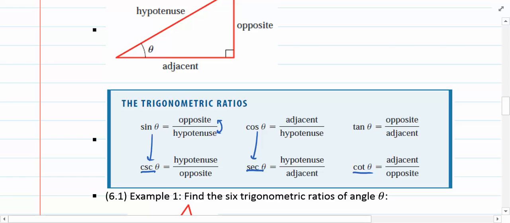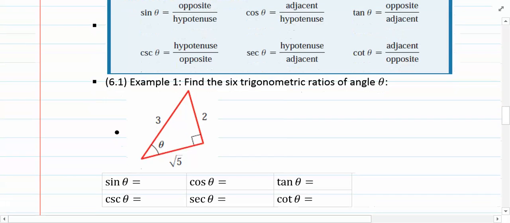The inverse of cosine is secant. And lastly, the inverse of tangent is what we call cotangent. So these are the 6 trigonometric ratios you should be able to identify given information for a right triangle.